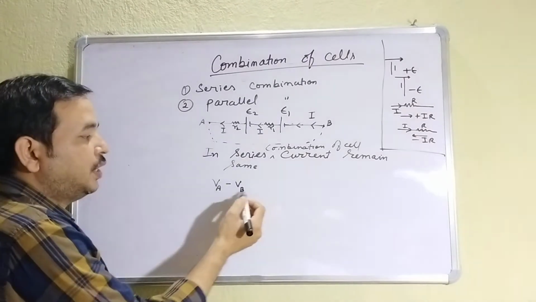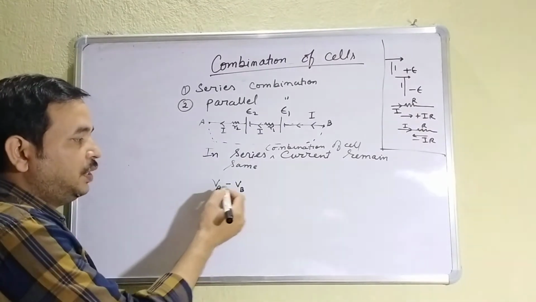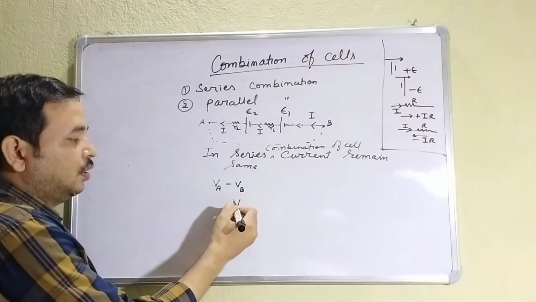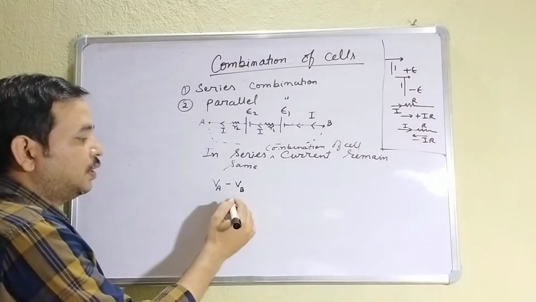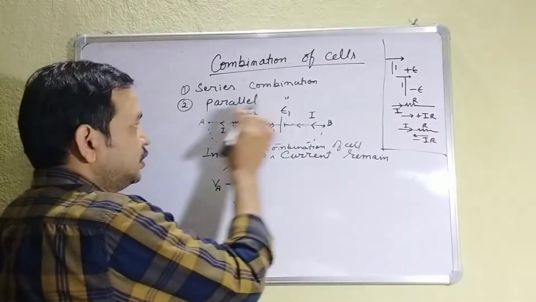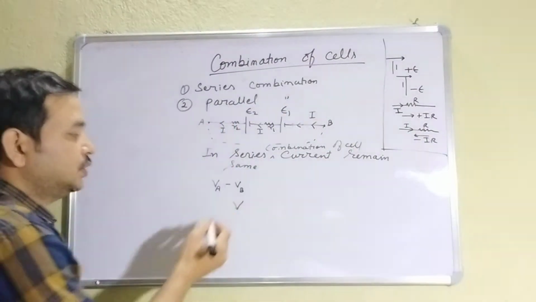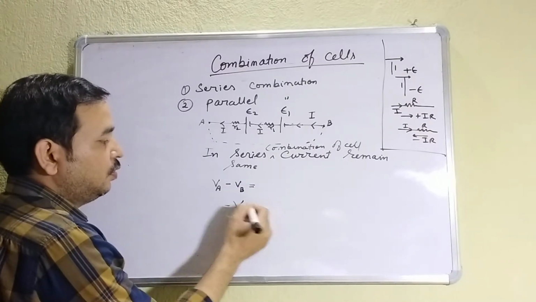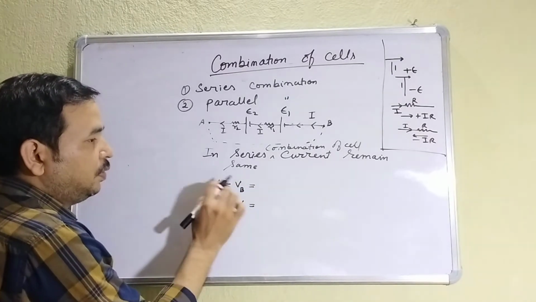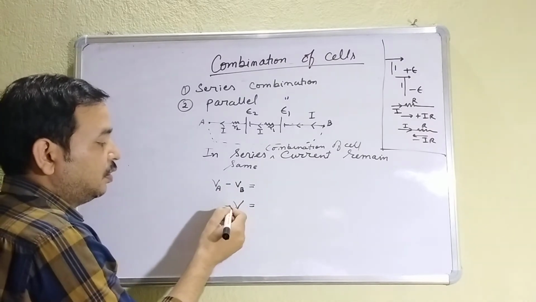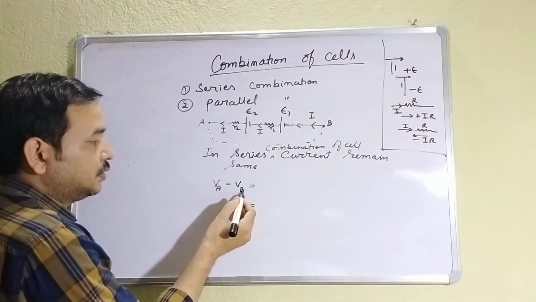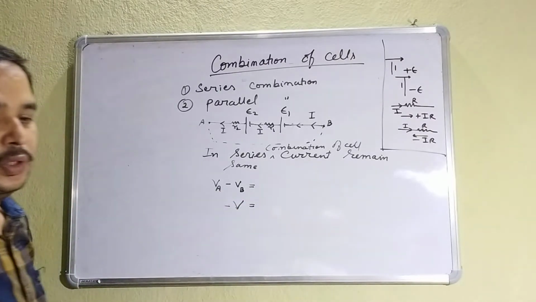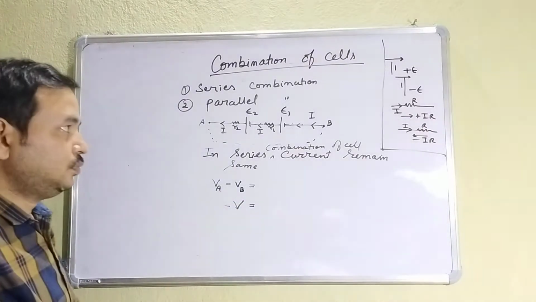So this will give you a negative result. Suppose the magnitude of VA minus VB is V here, but we know that point B is at higher potential and A is at lower potential, so it will be minus V. The magnitude of A minus B or B minus A is V, but because B is higher and A has the lower value, it will be minus V. Okay.